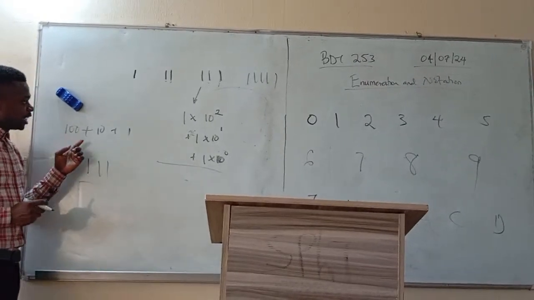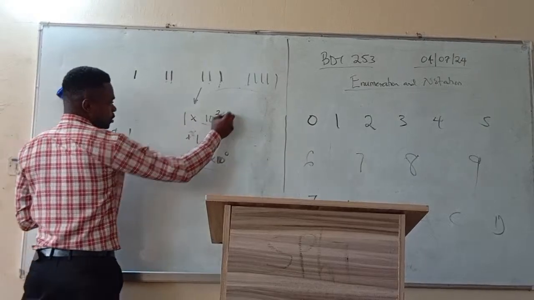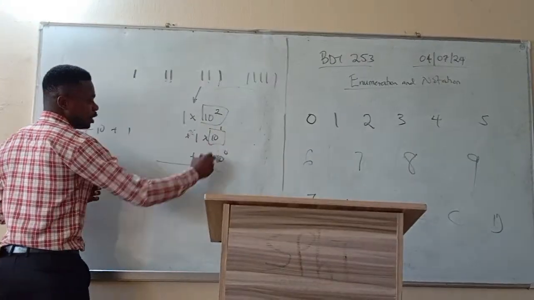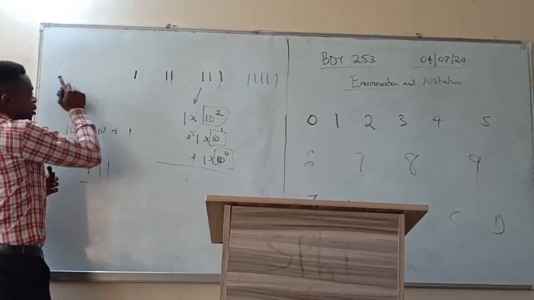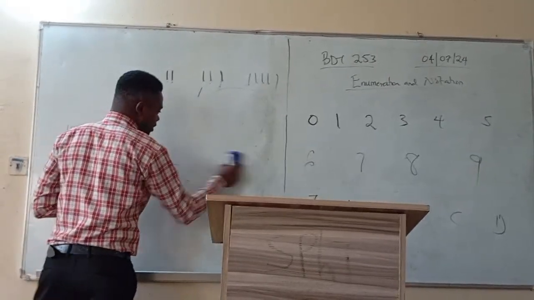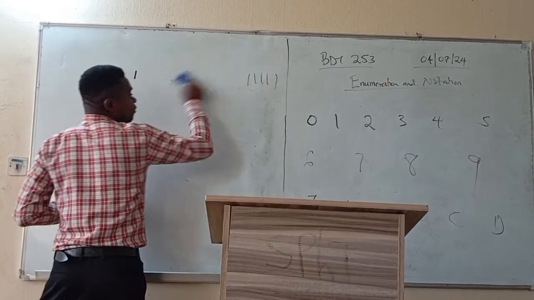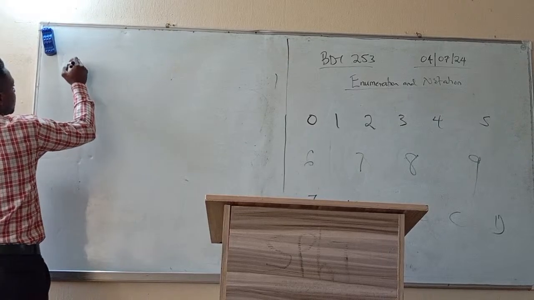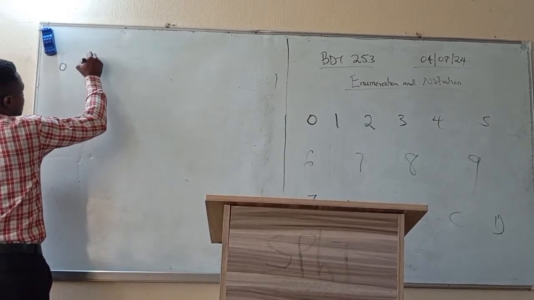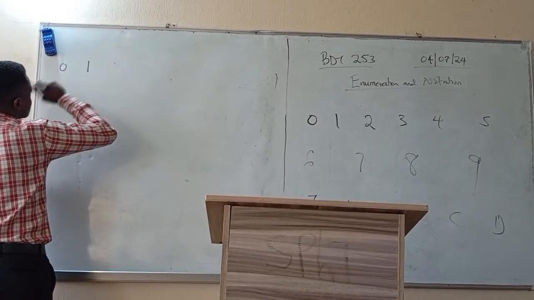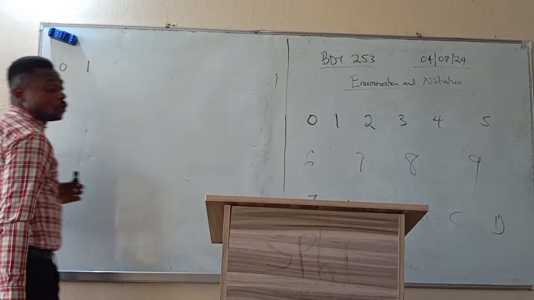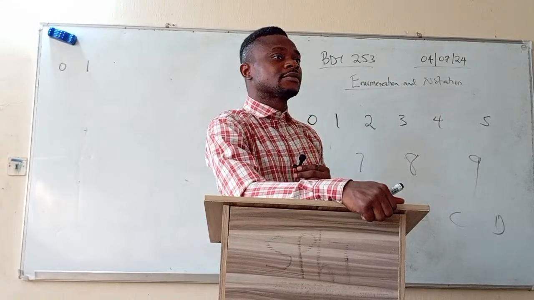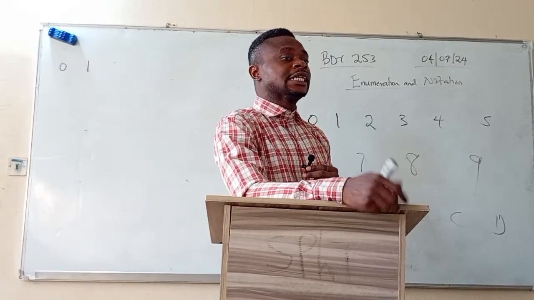So the place value of this one here is 100, right? The one here is what? Units. Now, we remember all this. Let us now enumerate from 1 to 100. Here is 0, here is 1. Of course, you know that 0 is in counting. Which of the numbers do we take as counting numbers? Is it natural numbers?